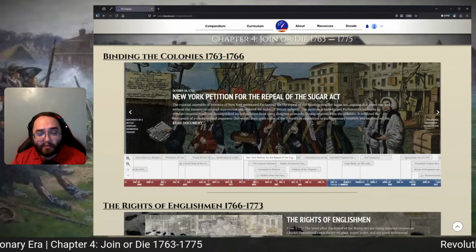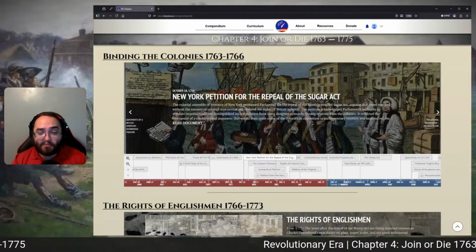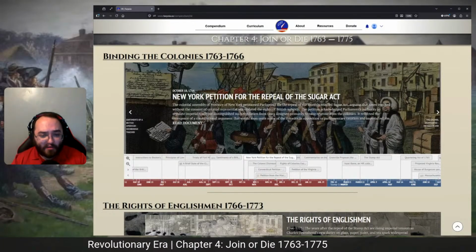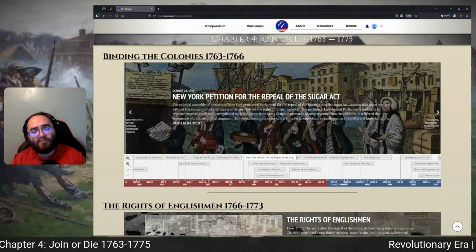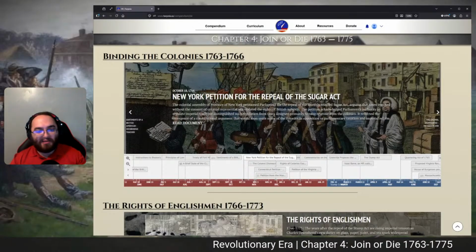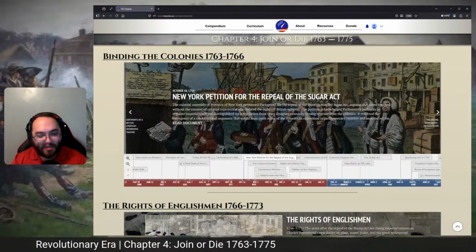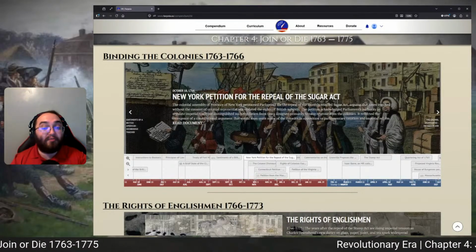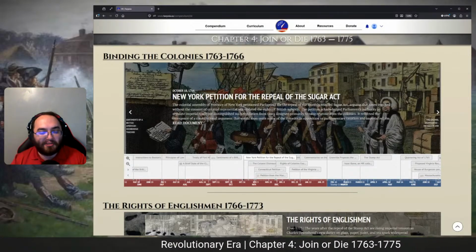It suffered greatly when it comes to manpower, trade, and expenses. So much so that Parliament actually gave New York a tax rebate for contributing so much above and beyond what they were required in the French and Indian War.